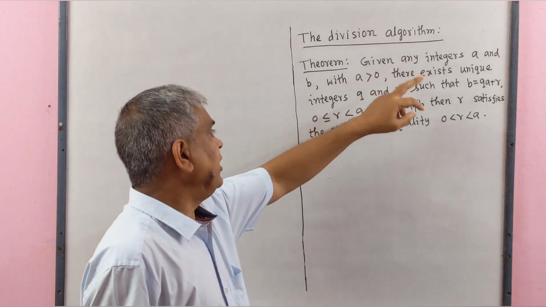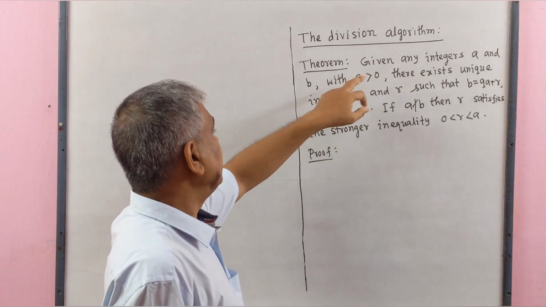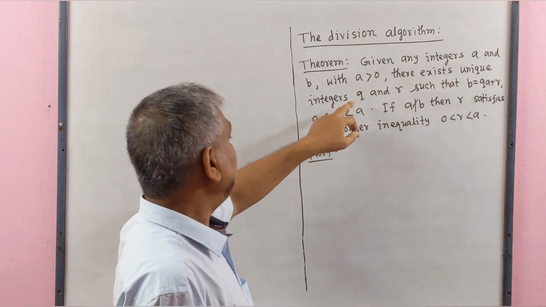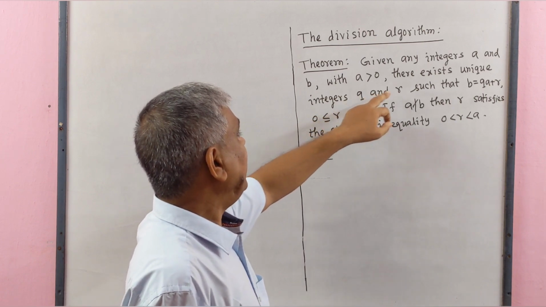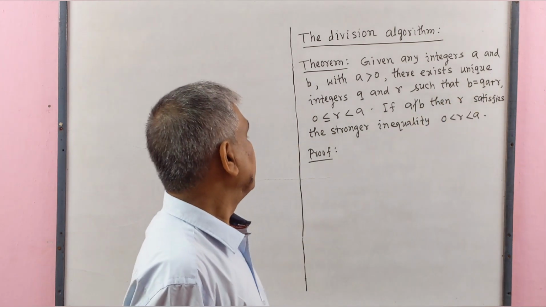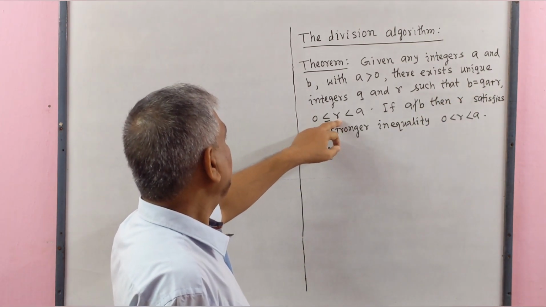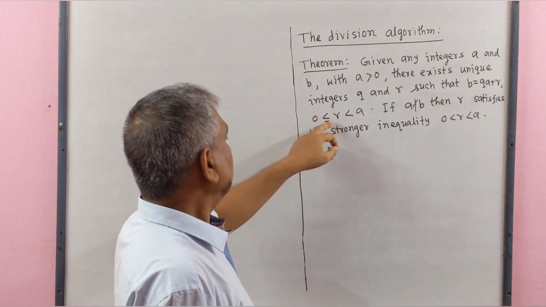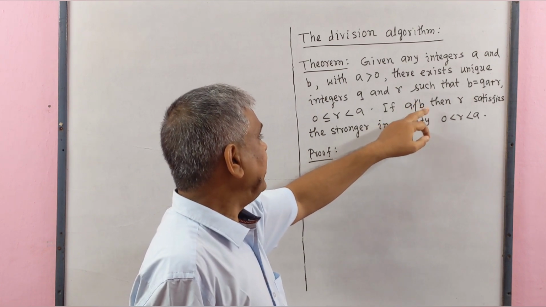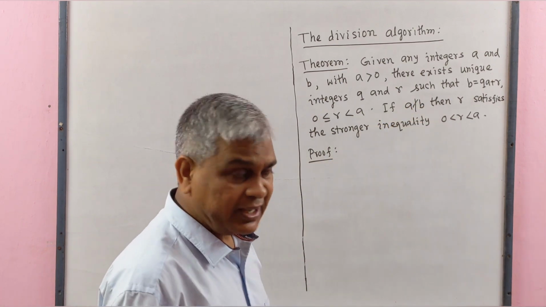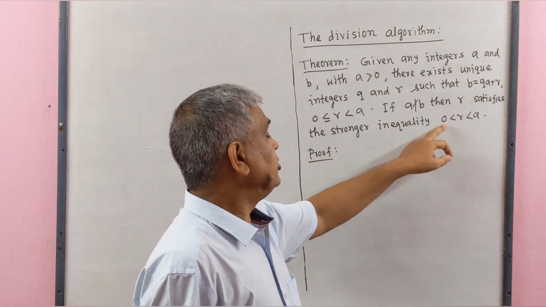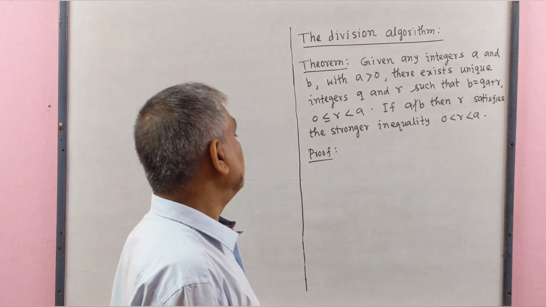Given any integers A and B with A greater than 0, there exist unique integers Q and R such that B equal to QA plus R, where R greater than or equal to 0, less than A. If A does not divide B, then R satisfies the stronger inequality R greater than 0, less than A. Now we prove this.